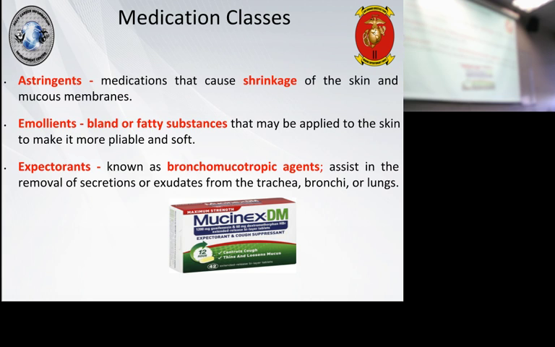Just read up on treatments for these types of medications. So like, okay, I have a sore throat, or if you have diabetes, look up certain types of medication and treatment-wise, because it's good to know that an expectorant is for therapeutics. But when it comes to the exam, they're going to give you that case study, and you're not going to know what it is. So basically, the best idea is to look up treatments for particular medications. Make sense? All right. Next.